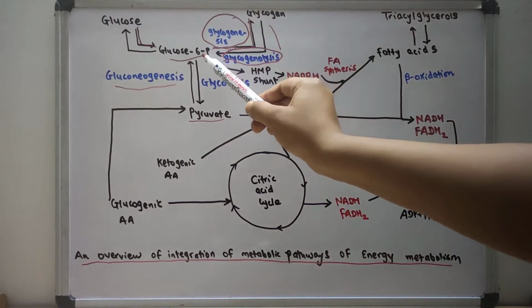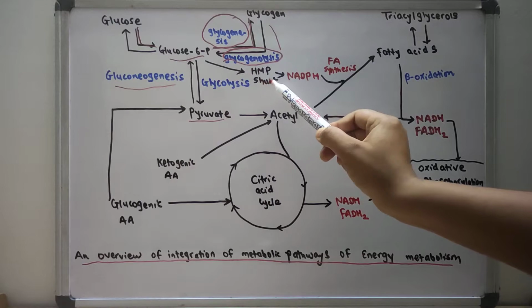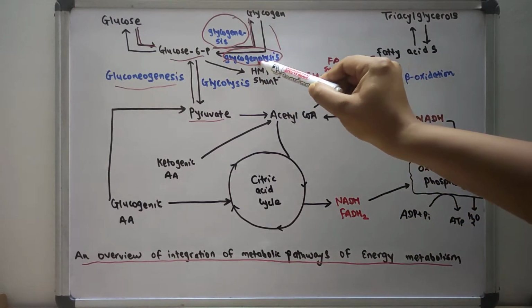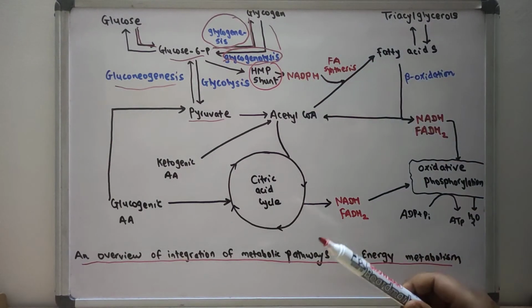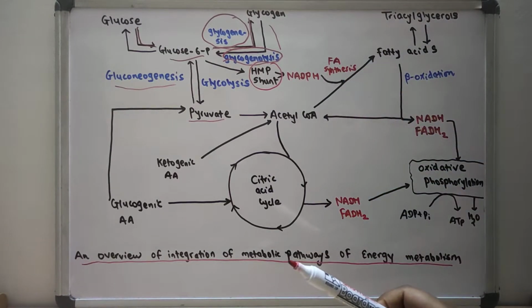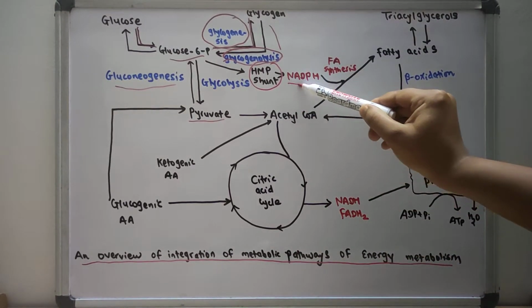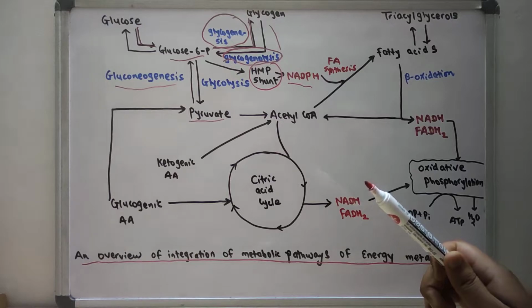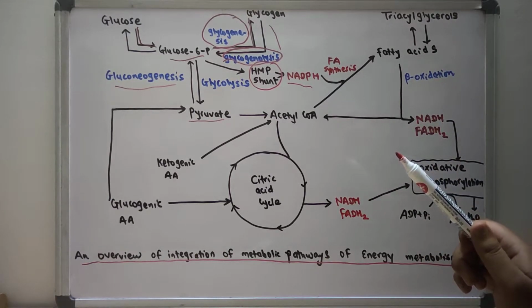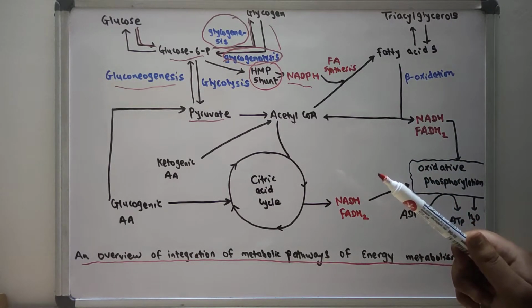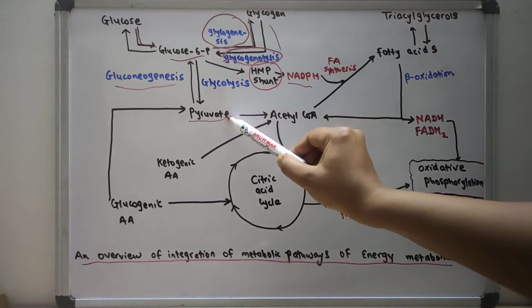Now glucose 6-phosphate also enters the hexose monophosphate shunt. So we have this hexose monophosphate shunt also. From this shunt we acquire NADPH, which can eventually be used in fatty acid synthesis. I will discuss that in a short while. So we have pyruvate.